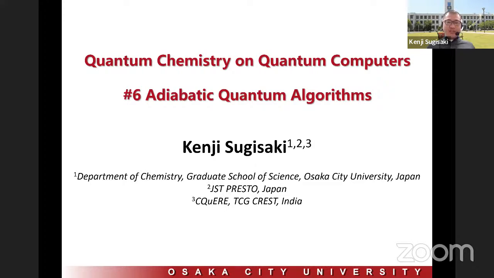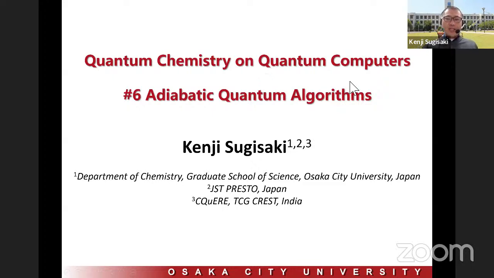Both of them are based on gate model quantum computing. Adiabatic quantum algorithm, or adiabatic quantum computing, can of course also be carried out using gate model quantum computers, but the computation strategy is somewhat different from the algorithms we already studied in this field.